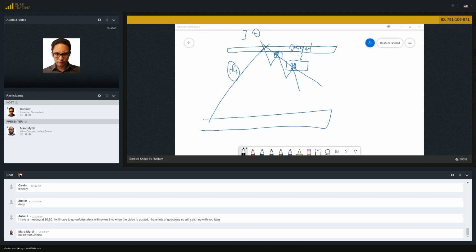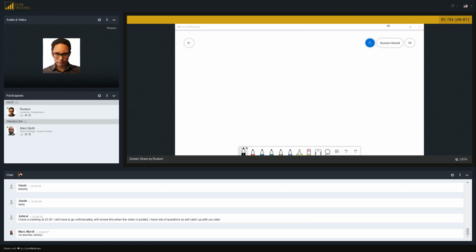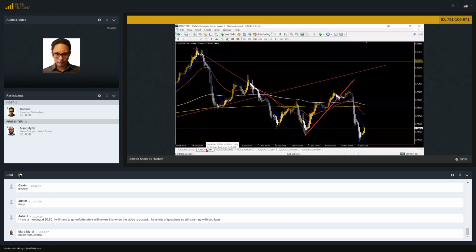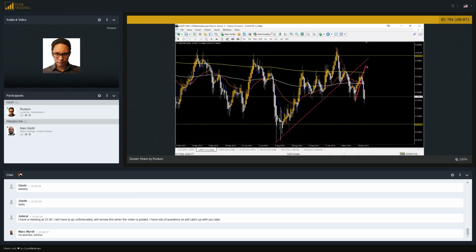Let's see if we can go to a chart just to identify a trending situation. Right, let's see. Obviously, if we look at this here, this is just any chart that's opened. That's your 4 hourly.